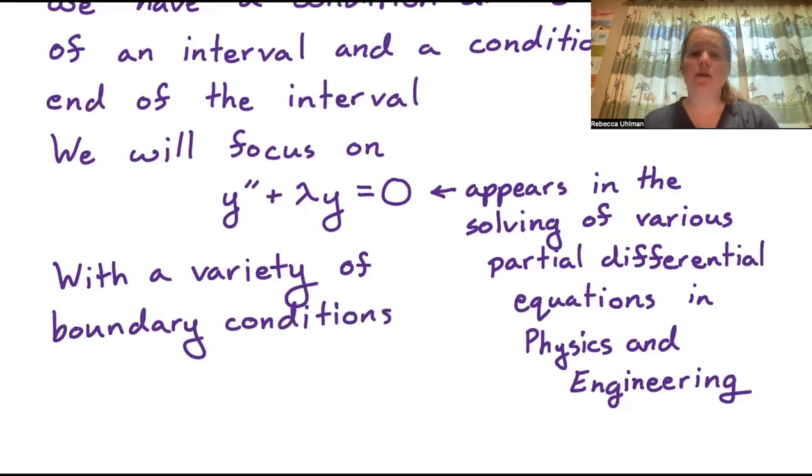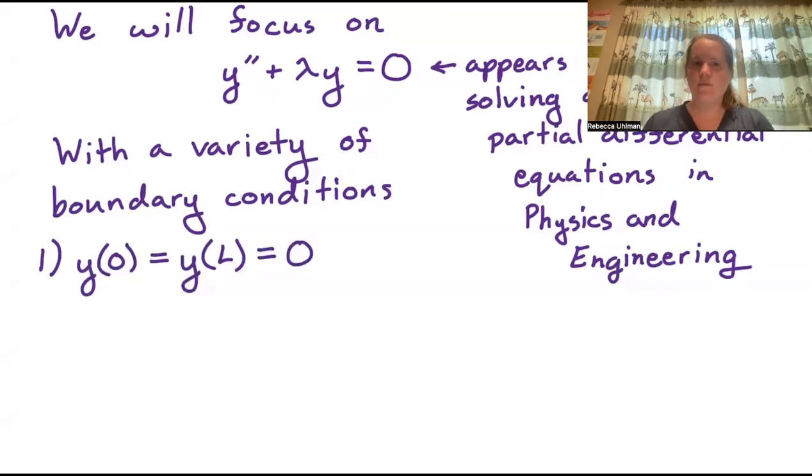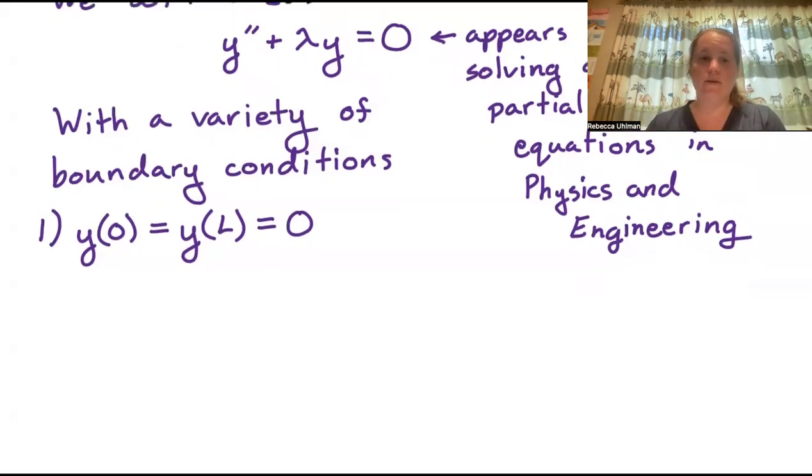So our various boundary conditions that we will focus on, option 1 will be the case where our initial boundary is 0, and we're looking at y of 0 is equal to y of l, our end boundary, both of which are equal to 0.